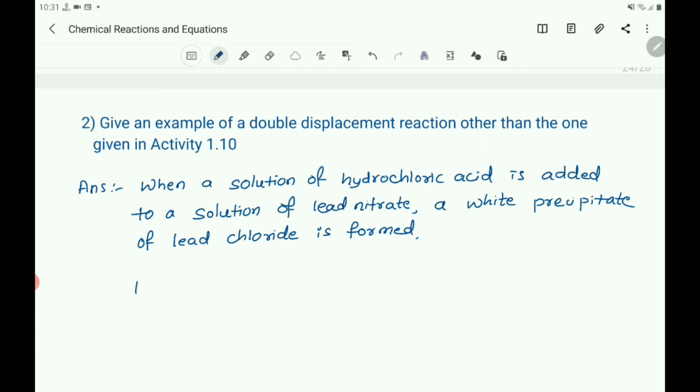Now you note down the reaction. Pb(NO3)2, that is an aqueous solution of lead nitrate, reacts with HCl, also an aqueous solution.